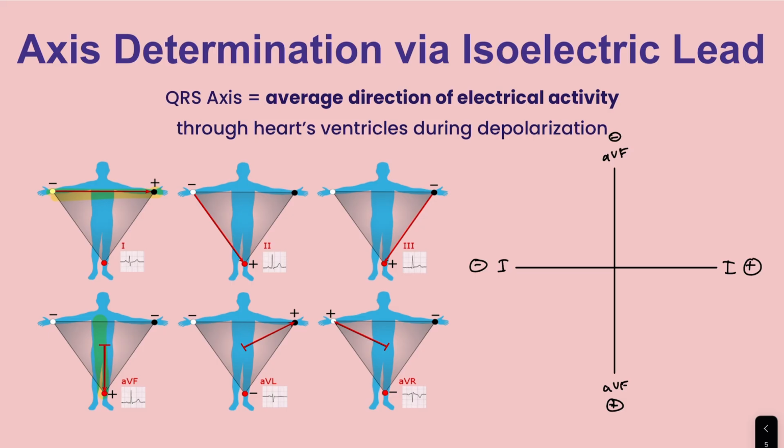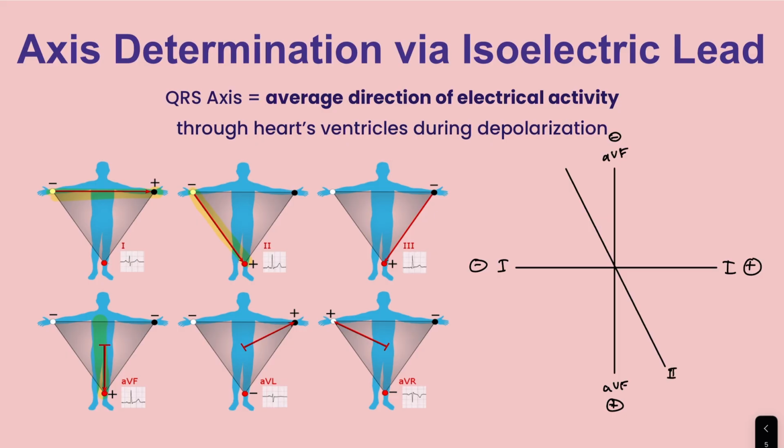We know AVF is positive on the lower side towards the foot, AVF for foot, and negative on the top. Now we're going to do that same thing for lead 2. Again, we match this angle, pick it up, and draw it over here. So lead 2, we would expect to look something like this. Obviously, there's some artistic freedom here.